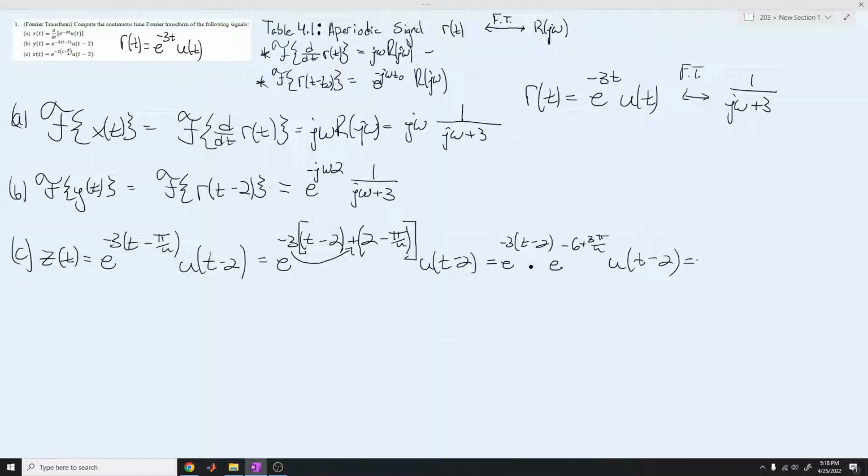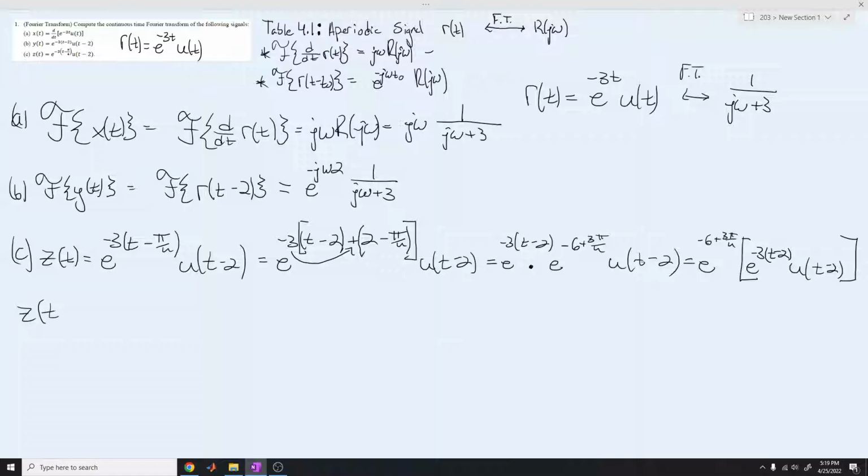So we could bring that e to the minus 6 plus 3 pi over 4 way out front. And now we have e to the minus 3 times (t minus 2) times u of t minus 2. So let's write that again.